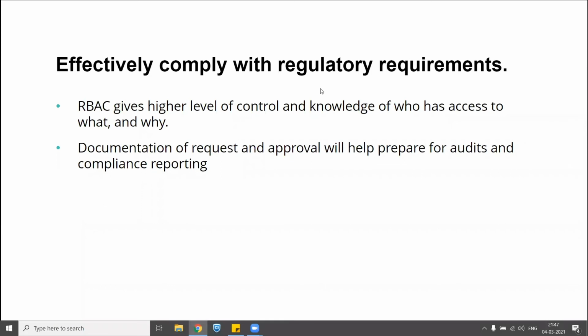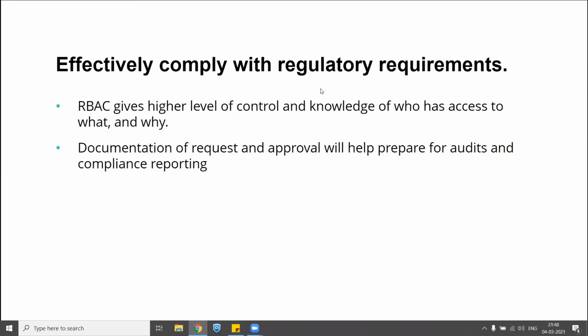It also enables business-level control of access rights by using roles to match the user's permissions to the organization, and thereby it increases the transparency, including the documentation of request and approval, and that will help you prepare for audits and compliance reporting, right? Because you will have full audit trails of the process history, and that will ensure the administrative savings and support for compliance reporting to effectively prepare for these security audits.